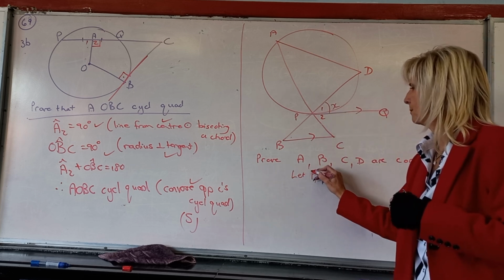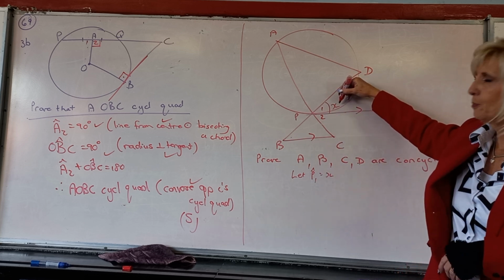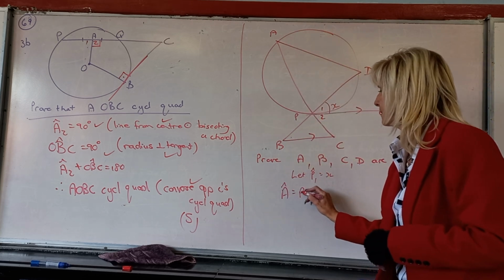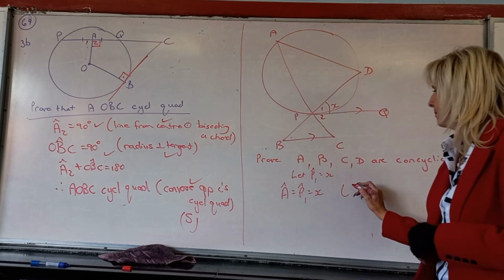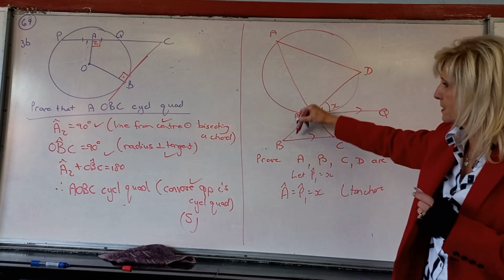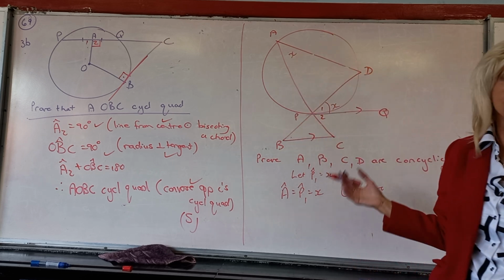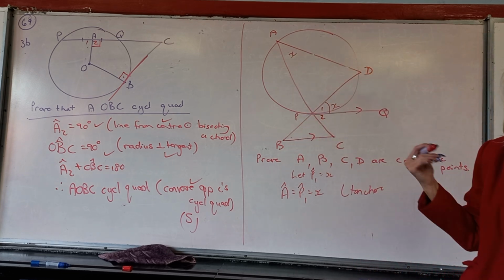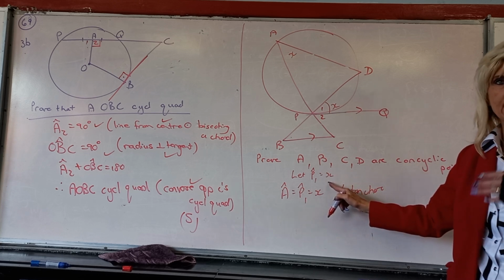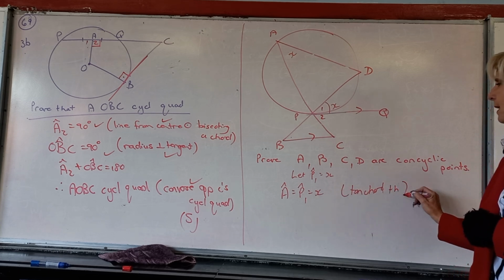Let P1 be equal to X, because if it is, then P1 will be equal to A for the reason tan chord theorem. So I'm on my way, hoping to prove that this is also X. Because if this one is X and that one is X, then I'm done. Then it's a cyclic quad because I can see the bow tie. So that's not worth a mark, but you're telling them what you're doing. Tan chord theorem. And then what?